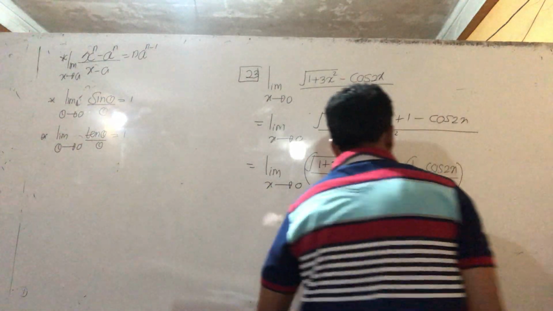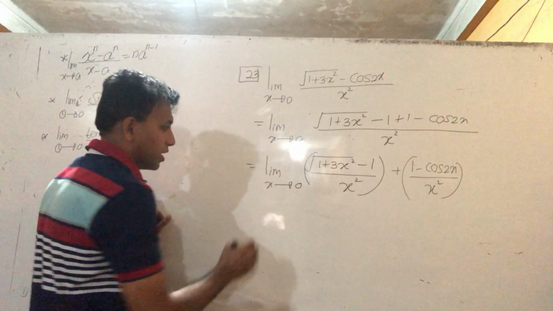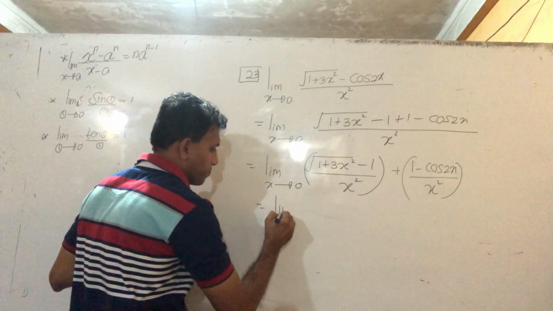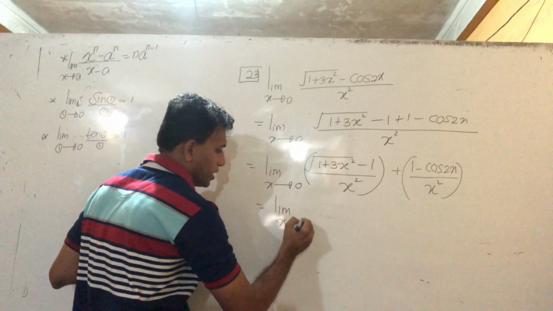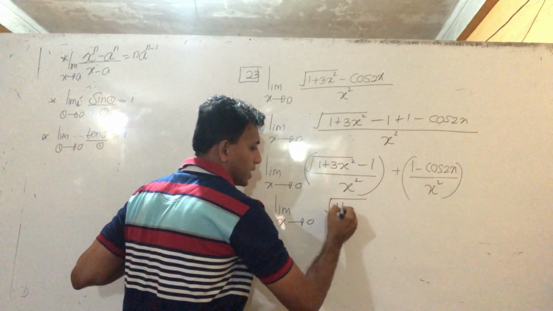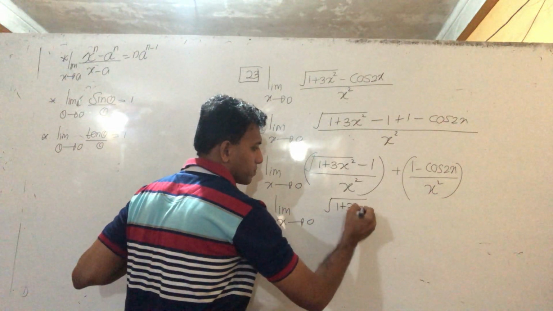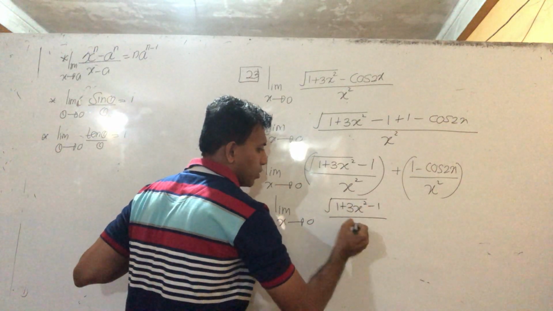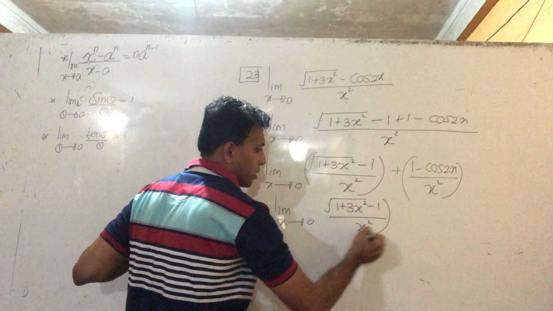So hereafter, limit x tends to 0 of square root 1 plus 3x square minus 1 over x square.